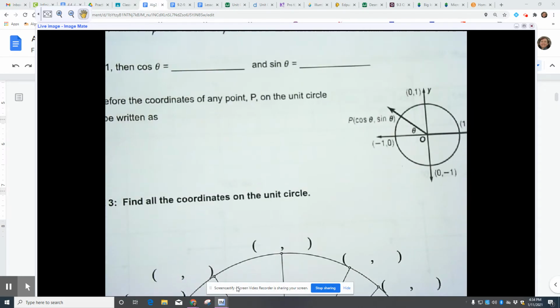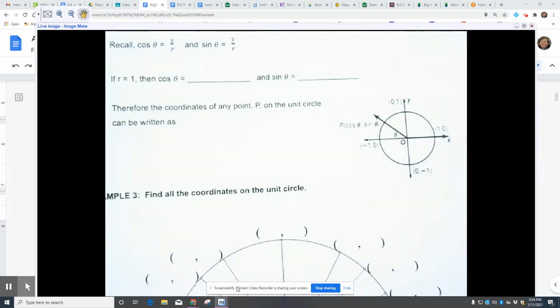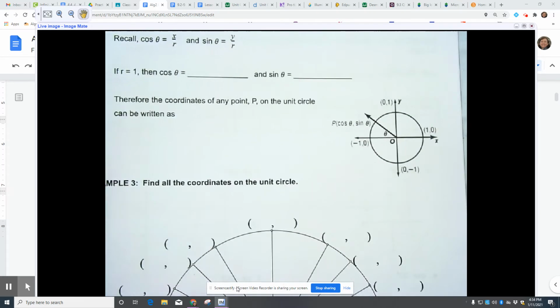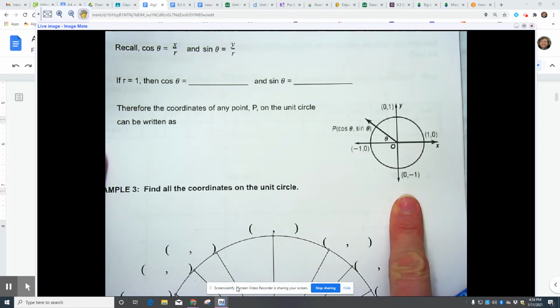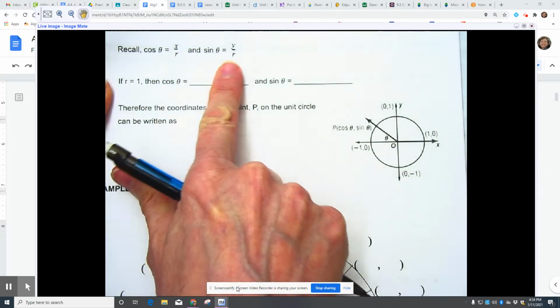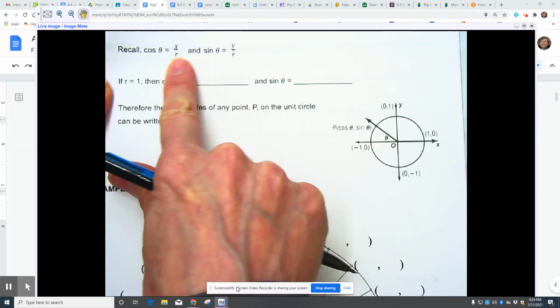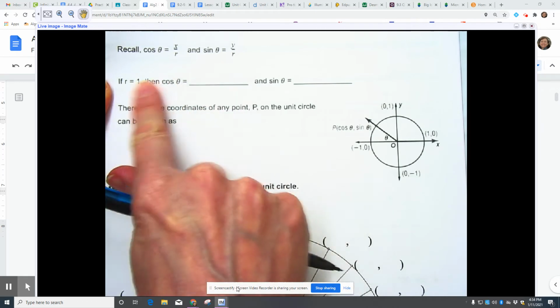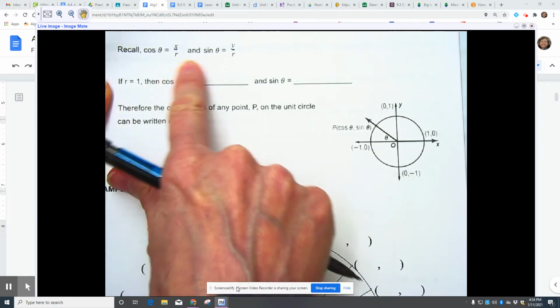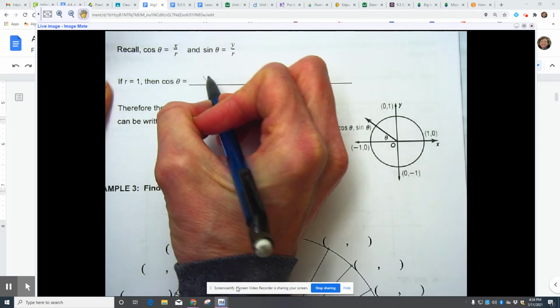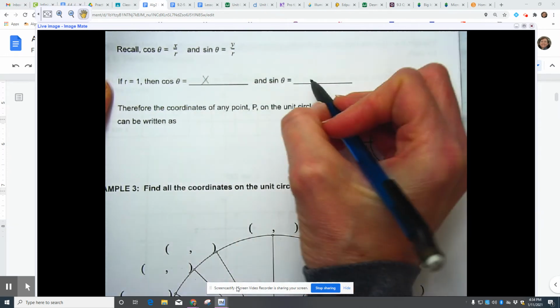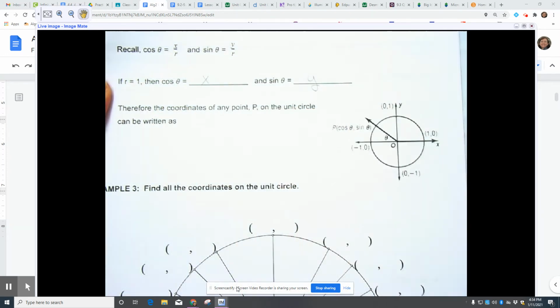Now, we can do that same thing for many different angles on the unit circle. So recall this: cosine is x over r, sine is y over r. If r is 1, then cosine is always going to be your x value, and sine is always going to be your y value.